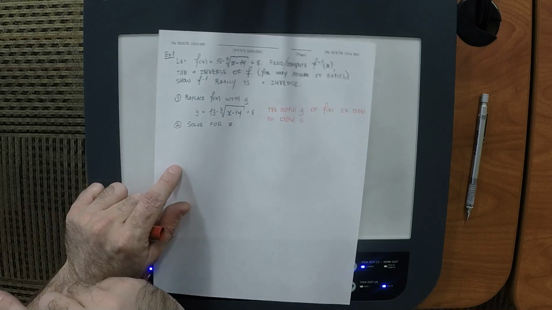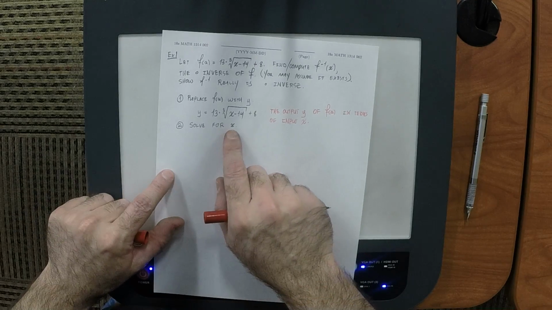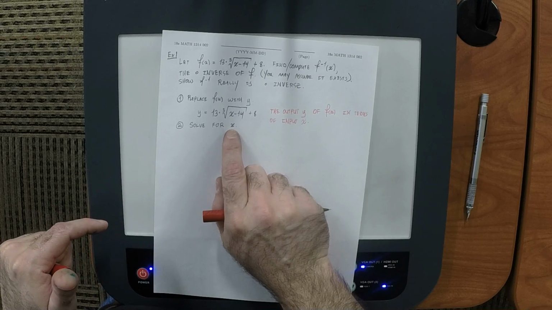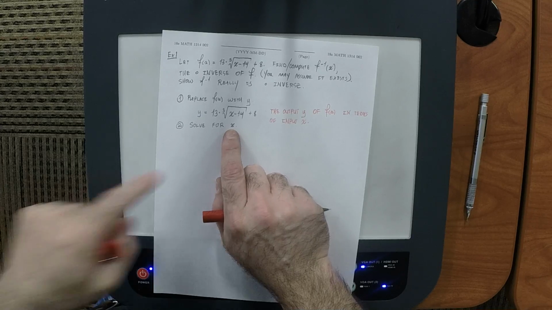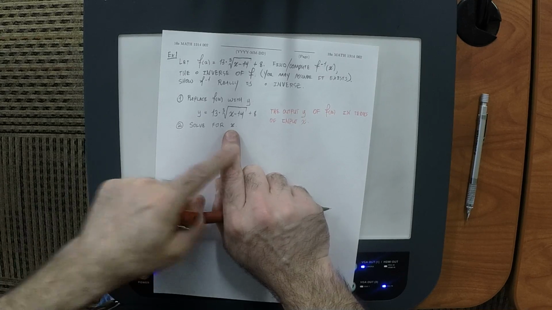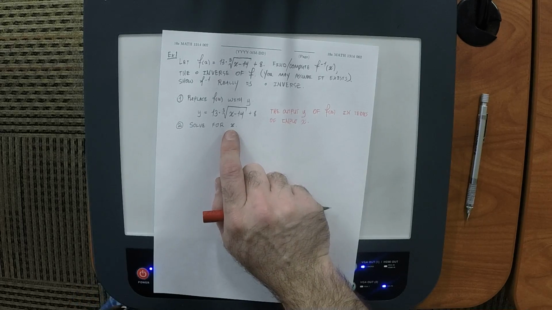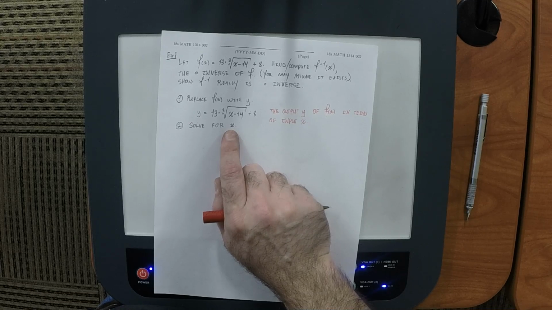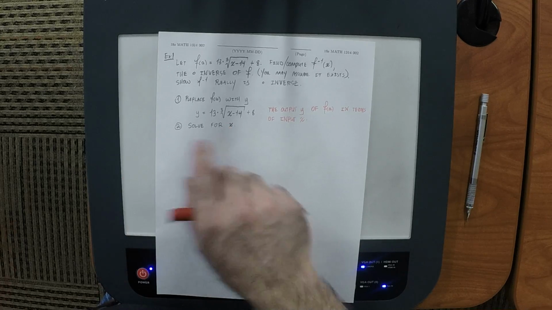So it's sort of like looking at a diagram of what this machine's going to do when you give it an x. So now what I'm saying is that we're going to solve for x. That is to say that, well, the input is x. So we want to see if we can express the input in terms of the output. This is like if we had a vending machine that was in a locked closet and we were watching people come out of the vending machine closet with their candy bars and trying to figure out what button they pressed. We're trying to work backwards. So we want to express x in terms of y.